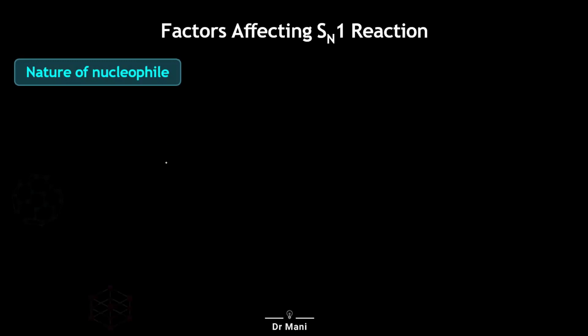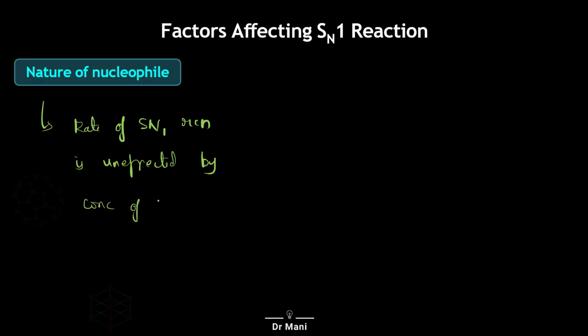So next one is the nature of the nucleophile. Remember, the rate of an SN1 reaction is unaffected by the concentration of the nucleophile. We have seen that for the SN2 reaction, the concentration and nucleophilicity of the nucleophile are very, very important, but here it is not at all affected.